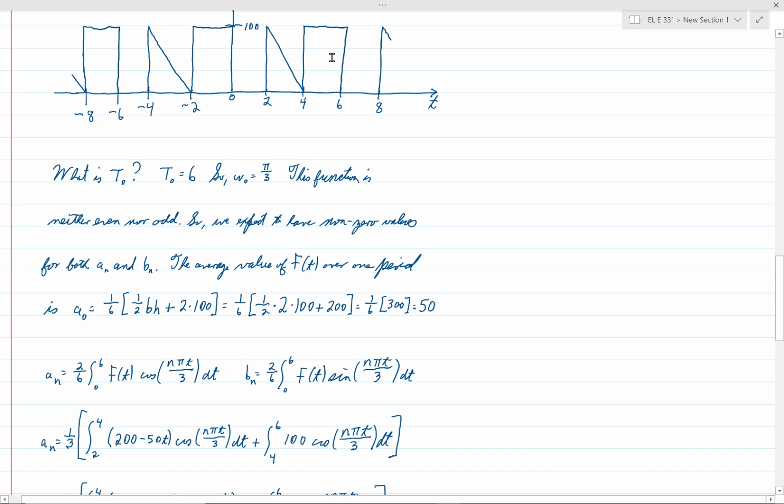f of t is equal to 100 between 4 and 6, so that's why we have 100 right here. But what is f of t equal to between 2 and 4? Well, you can see that f declines by 100 in 2 horizontal steps, so the slope is -50.